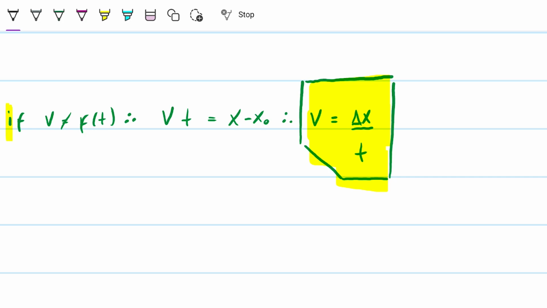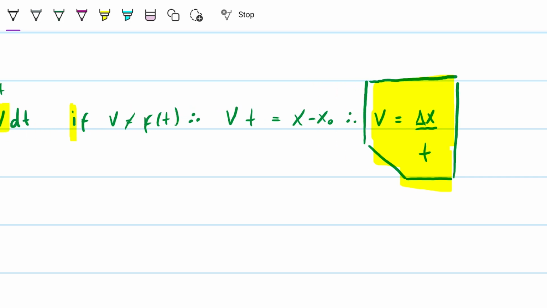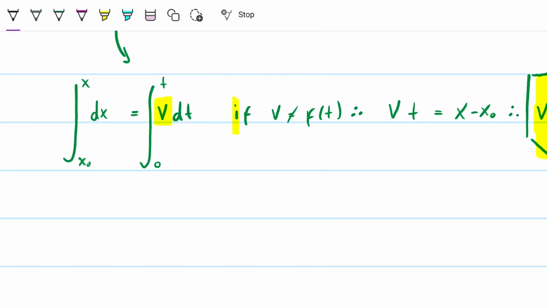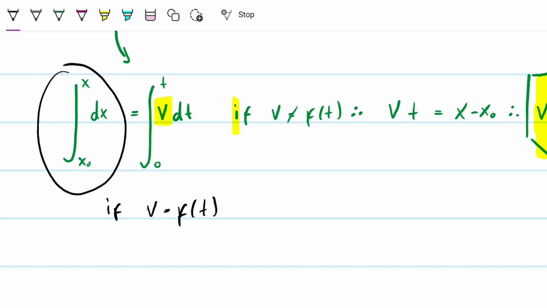However, if the velocity does change with respect to time, then I'm going to have to take a step back and think about this. If my velocity is a function of time, then I can solve the integral on the left normally, but when it comes to this integral here, I cannot solve it unless I know how my velocity changes with time.